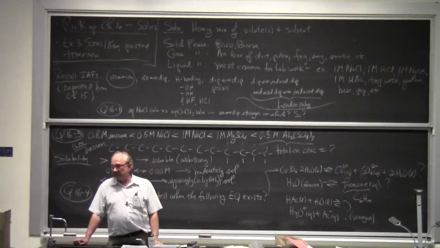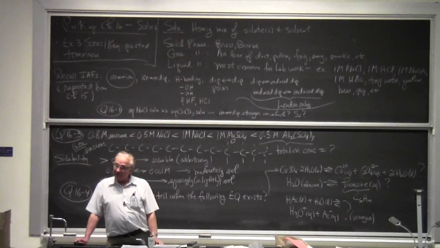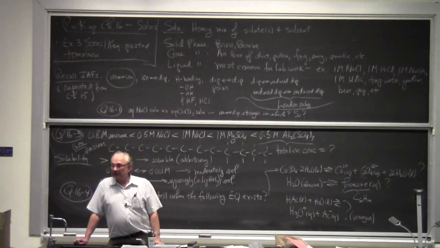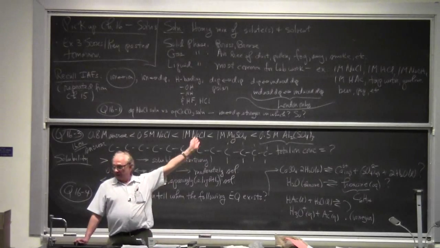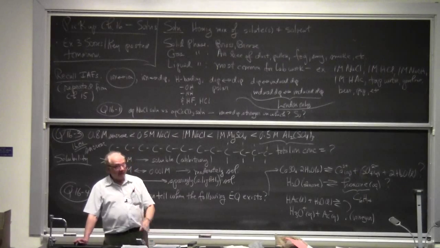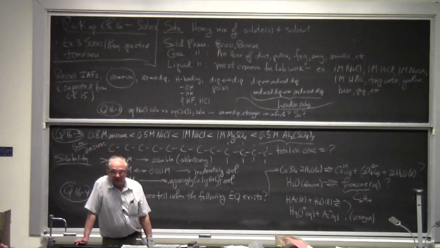But for the first approximation, the conductivity of a solution will depend on its total ion concentration. And then everything gets more complicated when you think about acid solutions and base solutions and the ability of water molecules to transfer H+, and the ability of water molecules to transfer hydroxide ions among themselves, and magnifying conductivity effects and stuff like that. But I ask you to consider all that stuff with your work in assignment 4.